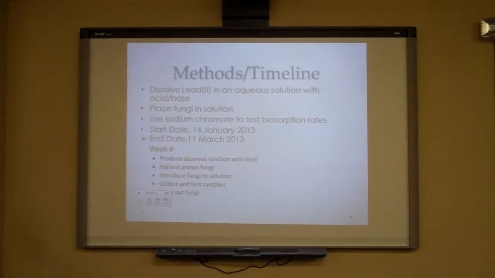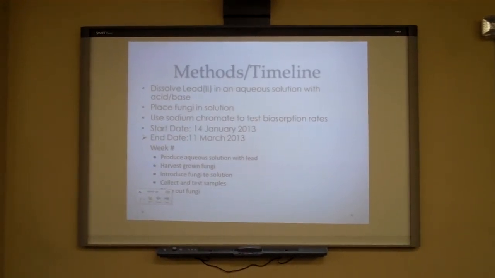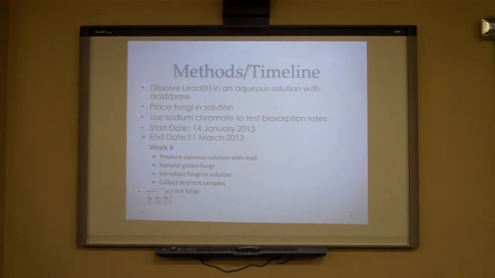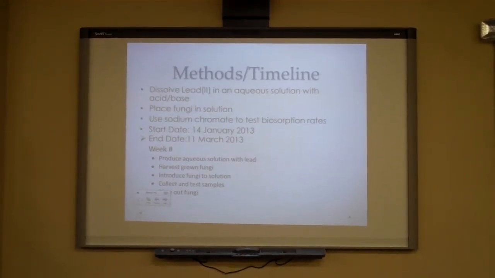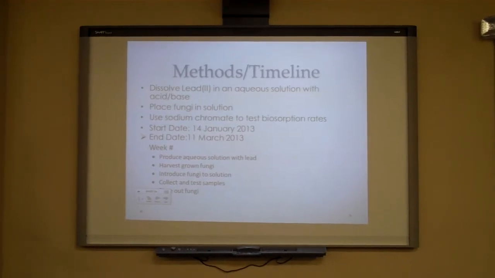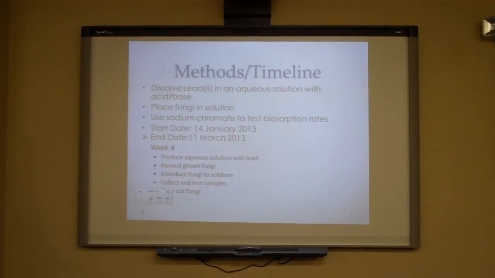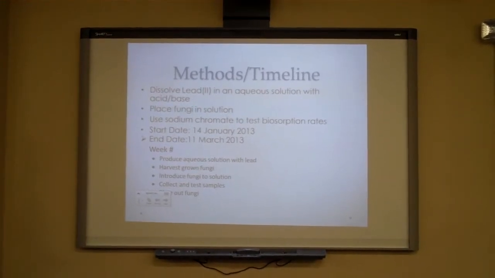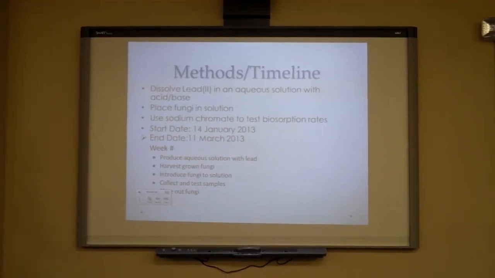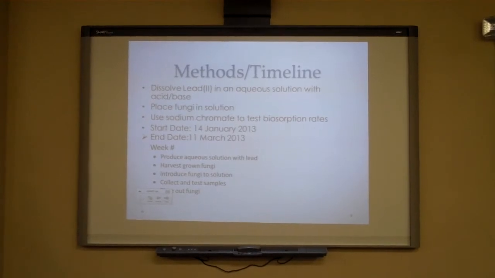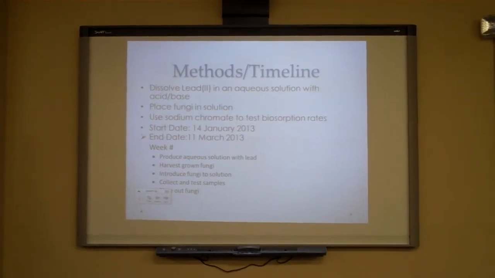Then I will filter out the fungi and introduce sodium chromate, which will produce a chemical reaction that causes the lead-2 to clump up. And then I will take that from the fungi and weigh it, and I will get my bioabsorption rate by mass. My start date will be 14 January 2013, and my projected end date is 11 March 2013.